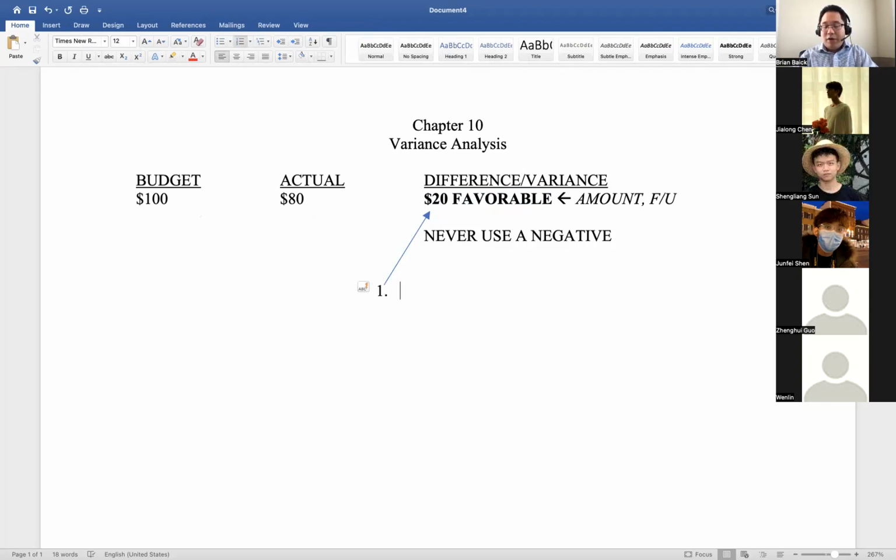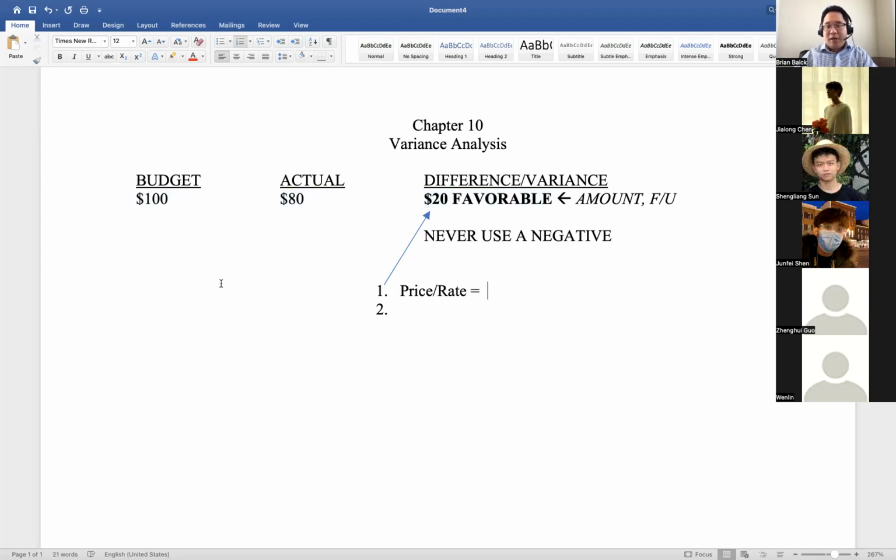One reason is a price reason, the price variance, also called the rate variance. Price variance means I spent more or less than I expected, and that's going to cause a difference between my actual cost and my budgeted cost.